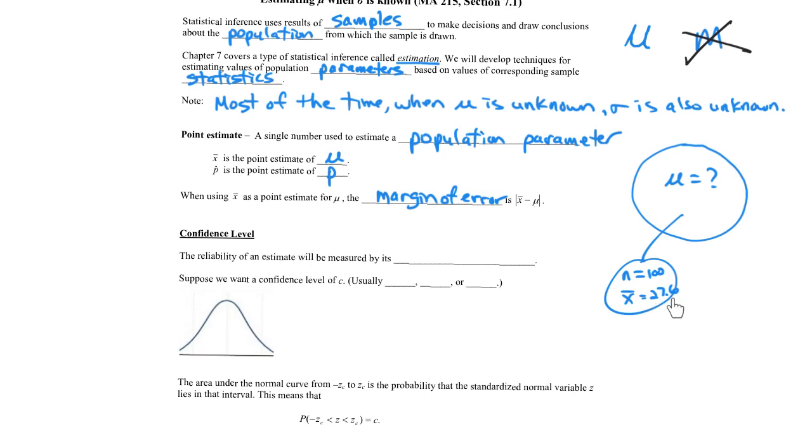So x bar is 27.6. Mu, we don't know what it is. But the margin of error is the difference between these, this unknown number and this number from our sample. And the interesting thing about what we're going to be able to do in Chapter 7, seems like we couldn't do it, but we can actually put a bound on this margin of error using confidence intervals.